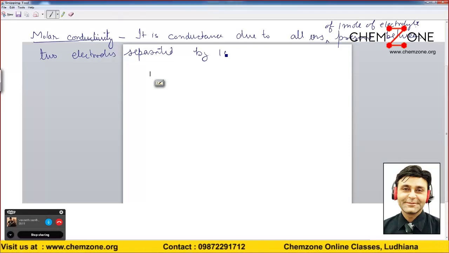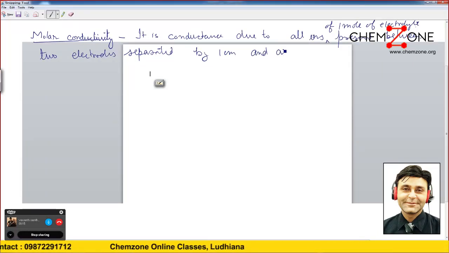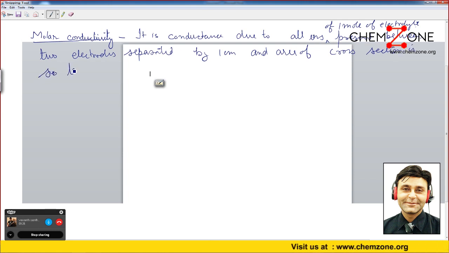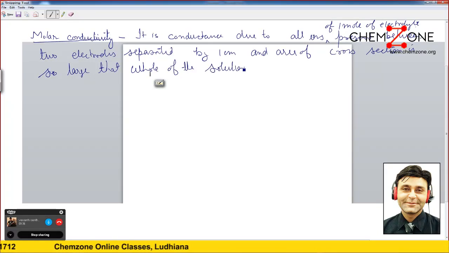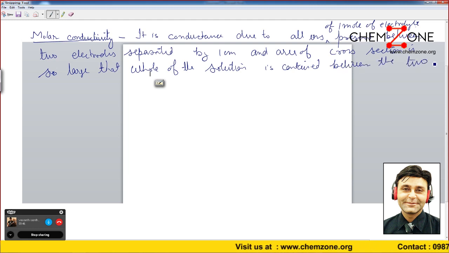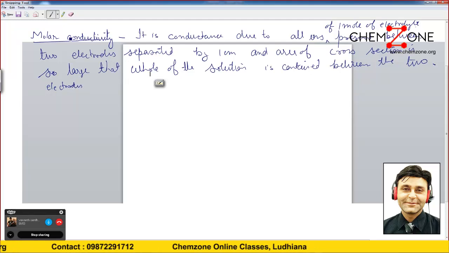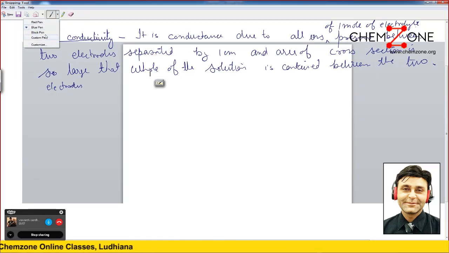The point here is very important: all ions of 1 mole of electrolyte.